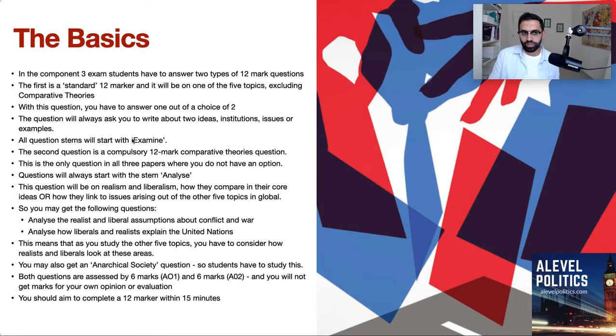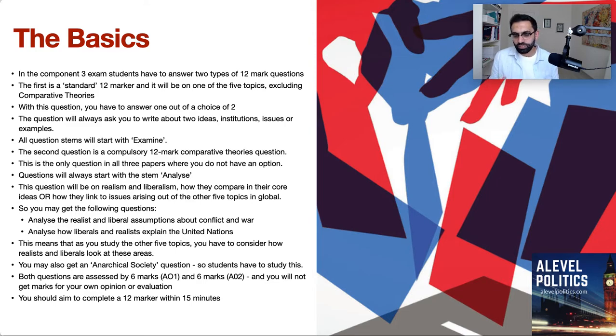And the second question is a compulsory 12-mark comparative theories question. It's the only time in the global paper that you've got to directly tackle liberalism and realism. Now, this is really important because I find that students find this confusing, and I think that's partly because of the legacy from the previous global politics course before the 2019 linear A-level politics were introduced.